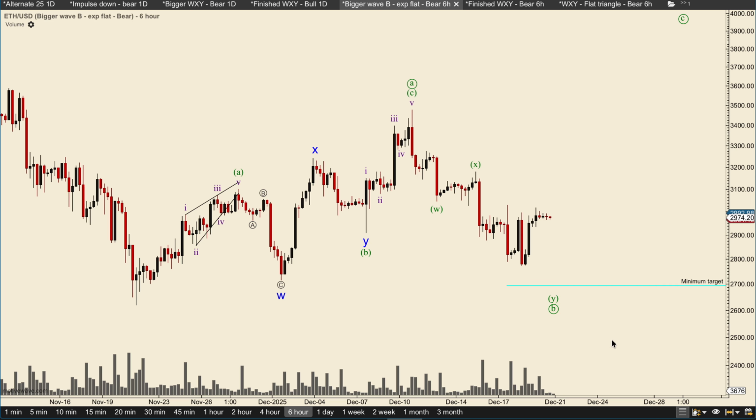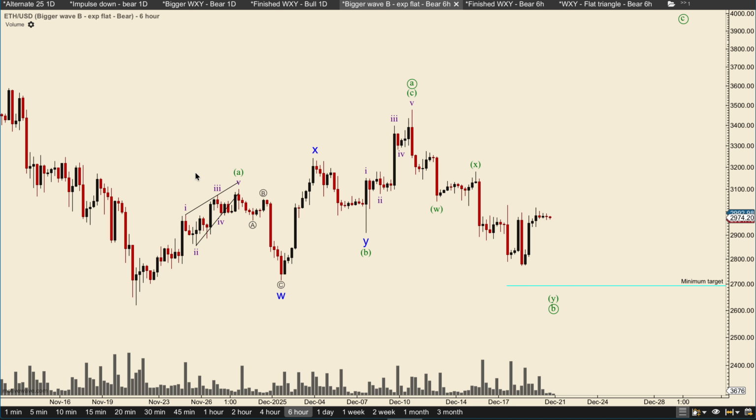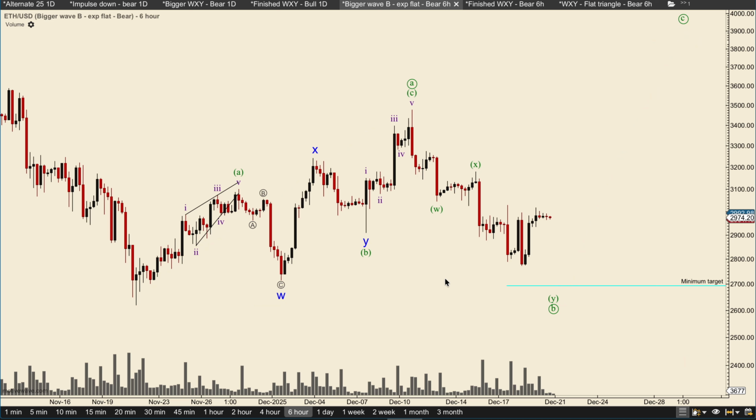If you don't do that, then this count is not valid as an expanding diagonal, because otherwise you're counting with A, B, and then an impulse up, and after that you move down, taking out this low.